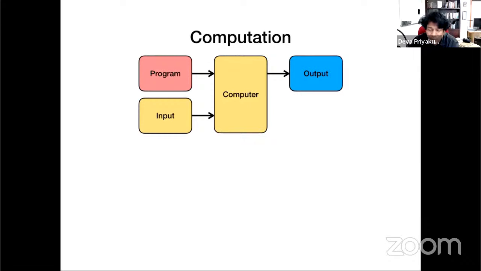There are several such programs that are available. So that could be your program, and then you have an input. You take these two and use a computer to get an output. That's what you normally do.